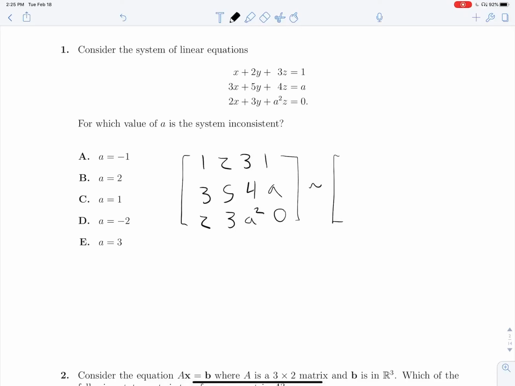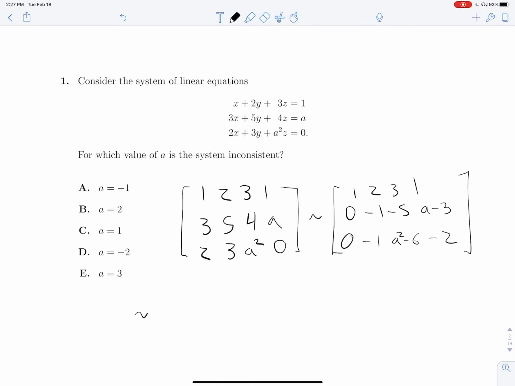I'm going to subtract 3 row 1s from row 2 and 2 row 1s from row 3. So we have 1, 2, 3, 1; 0, -1, -5, a minus 3; and 0, -1, 6a squared minus 6, and minus 2.